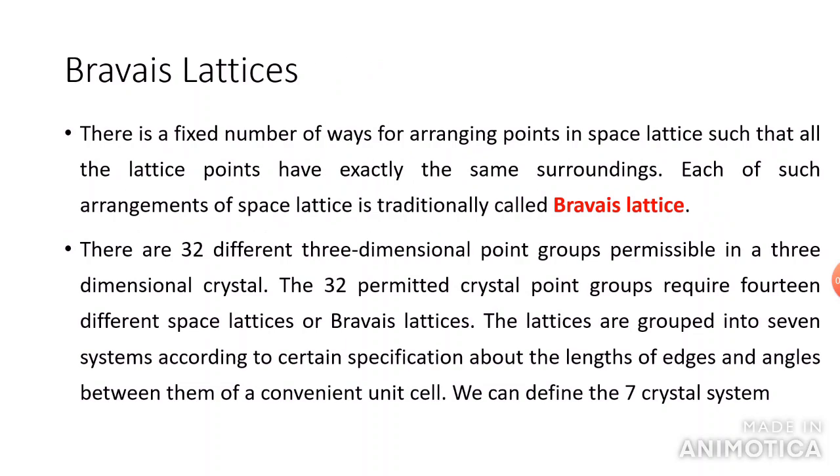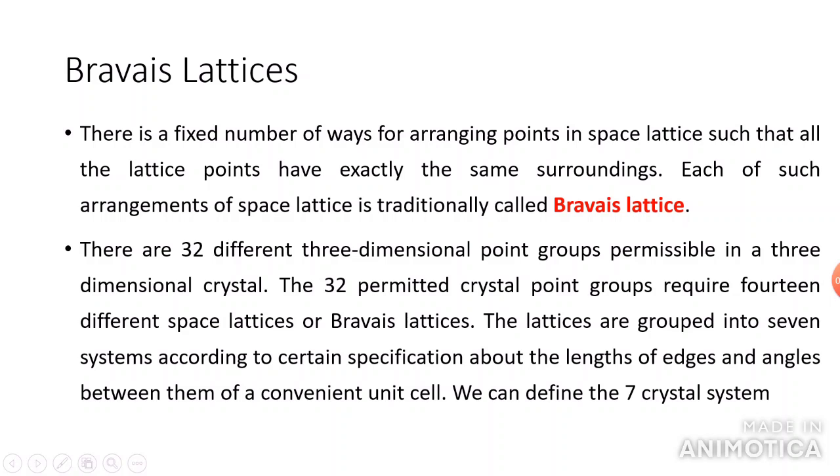Now come to a very important point, that is the Bravais lattices. There is a fixed number of ways for arranging points in a space lattice such that all the lattice points have exactly the same surroundings. Each of such arrangements of a space lattice is traditionally called a Bravais lattice. There are 32 different 3-dimensional point groups permissible in a 3-dimensional crystal.